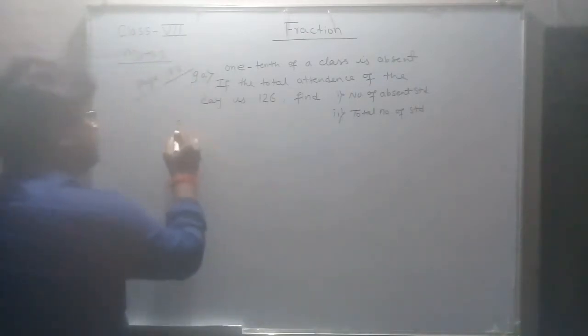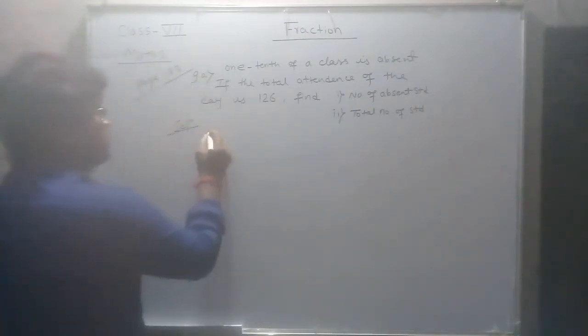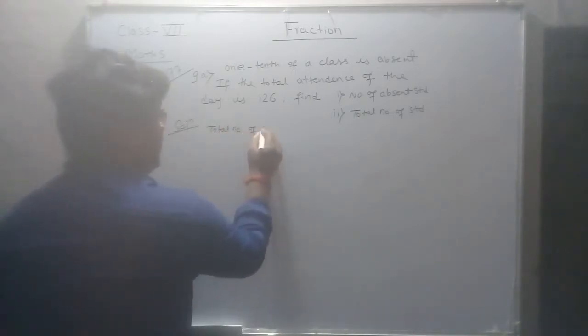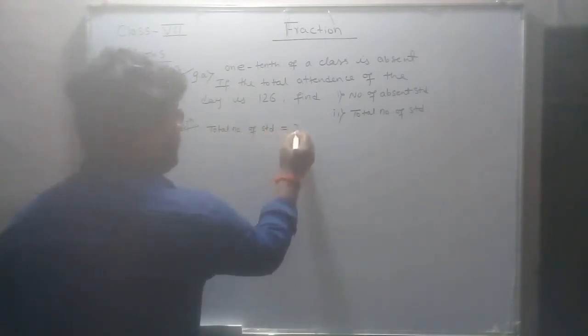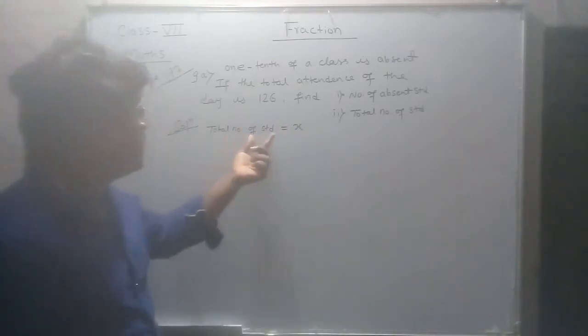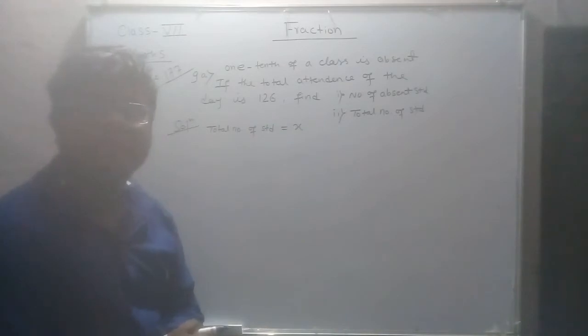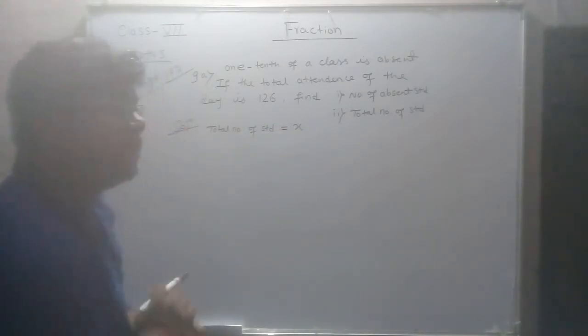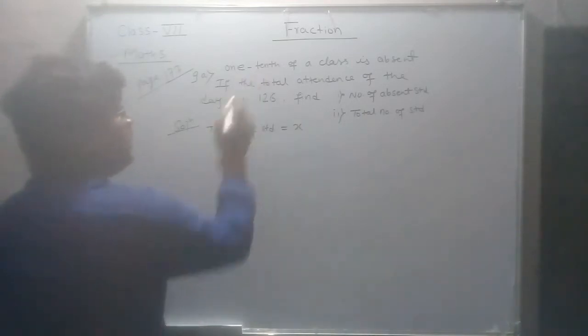So let's start. Let us suppose the total number of students is x. Okay, what we are supposing here is that the total number of students is x. So if there are x students in total, how many are absent?